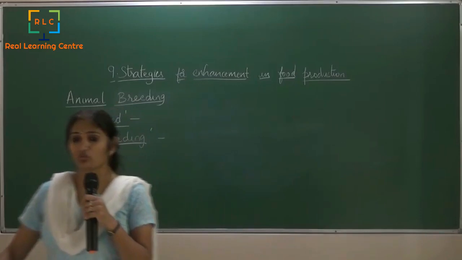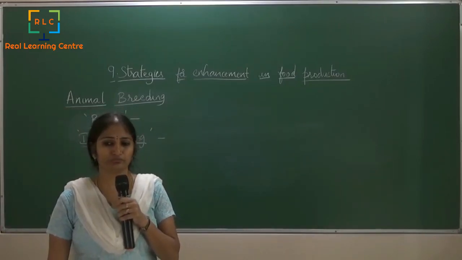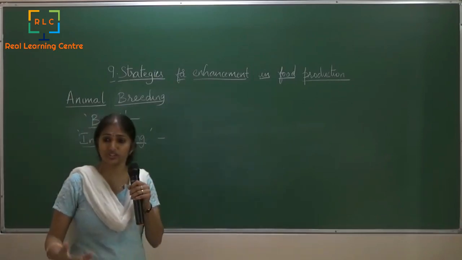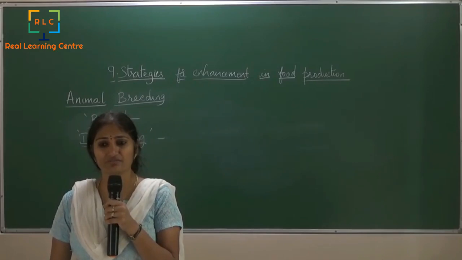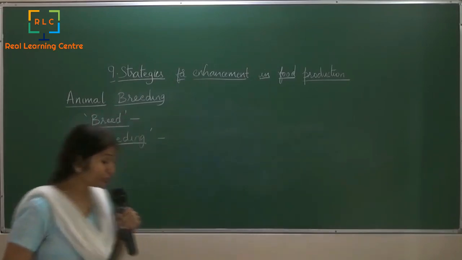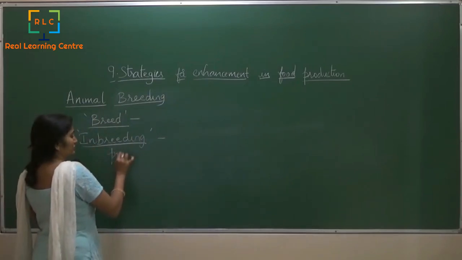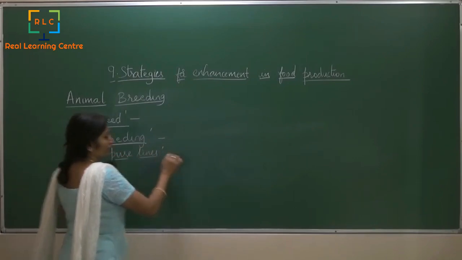Okay. Now if you remember what you have learned in your genetics chapter, you would have known that we have spoken about something that we called pure lines. We call them the pure lines.